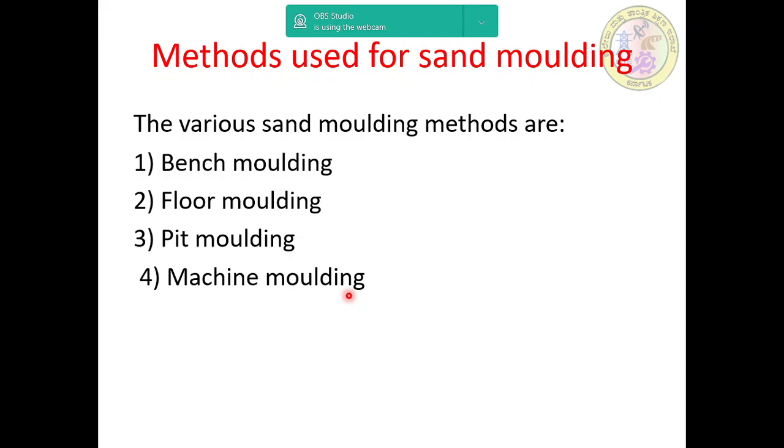The operations performed by machines include ramming the molding sand. We can use different machines like jolt operations or jolt squeeze operations, etc. In ramming, the pattern is wrapped in the sand with vibrators that are operated electrically, or it may be by compressed air.